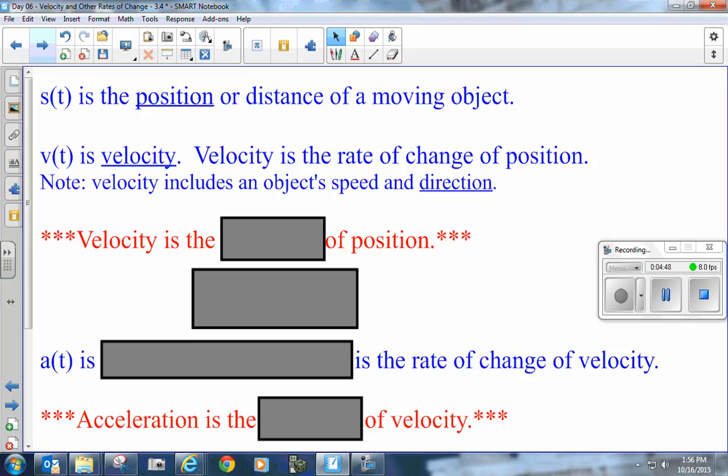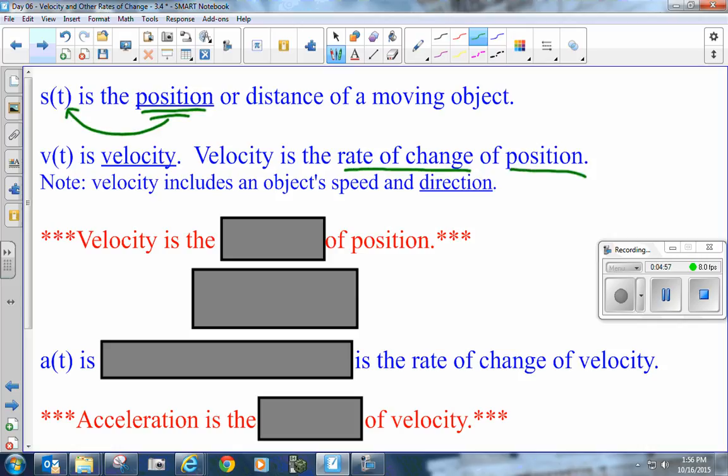So, in order to find the velocity, we find the rate of change of the position. We just take the derivative of the original function for position, and that will give us the equation to find the velocity. Now, note, velocity includes an object's speed and direction. If it is negative, it's going to the left.